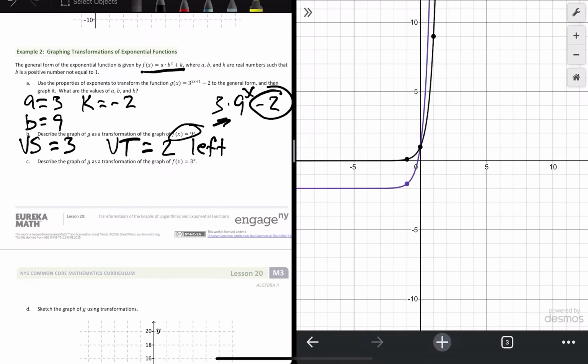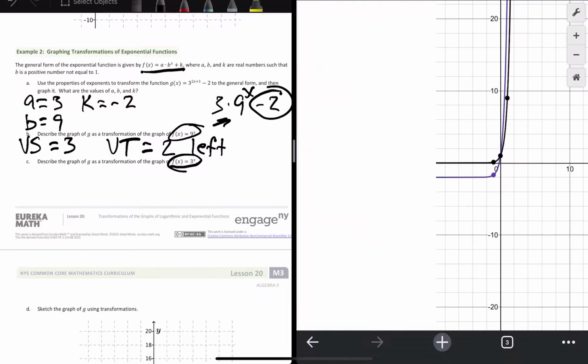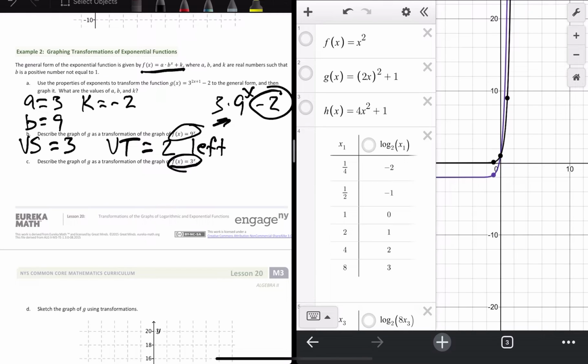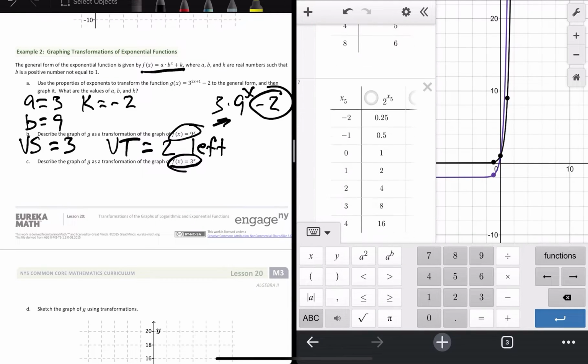And that's what's happening there. Now we have described the graph of G as a transformation of 3x. Okay, so let's go back here and scroll down.